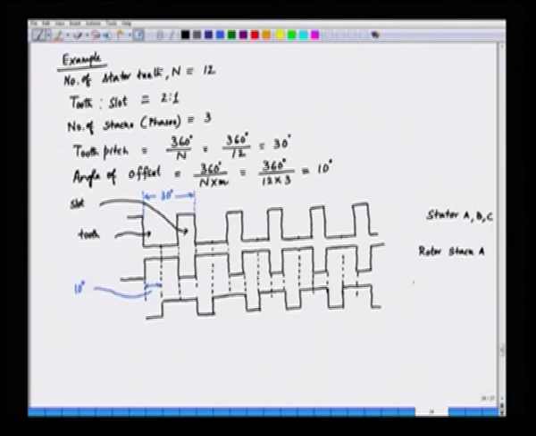So this is the rotor stack B. What about the rotor stack C? We can draw the stack C of the rotor in a similar way.